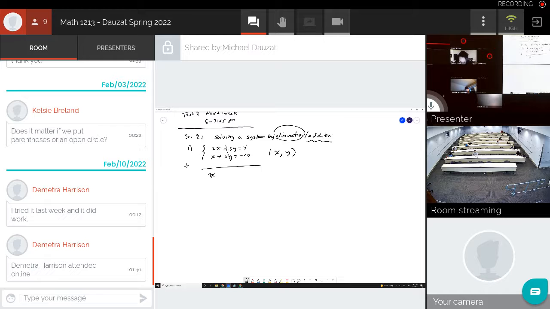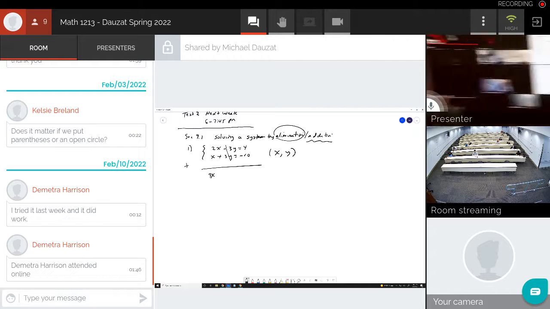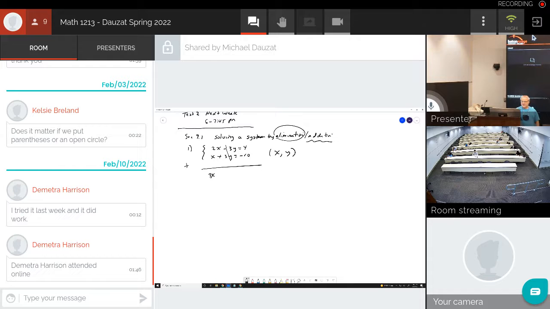They're opposites, so they're eliminated. That's the idea of elimination. On the other side, what's 4 plus negative 10? Negative 6. So 3x equals negative 6. We divide both sides by 3 and I get x equals negative 2. So far my x value is negative 2.